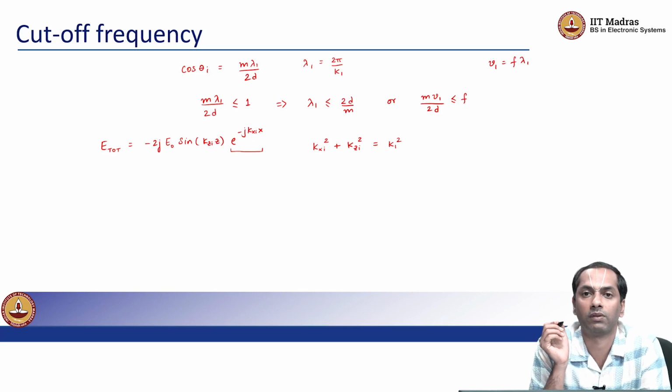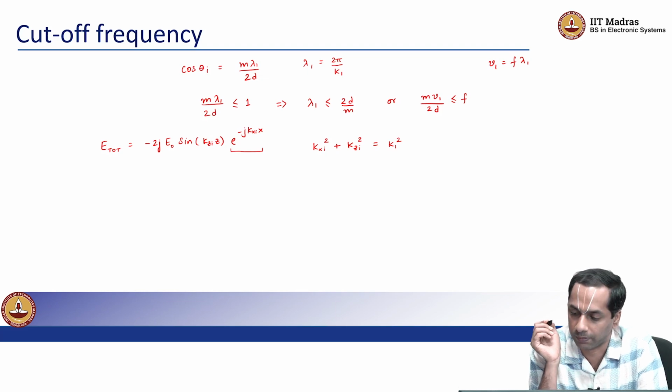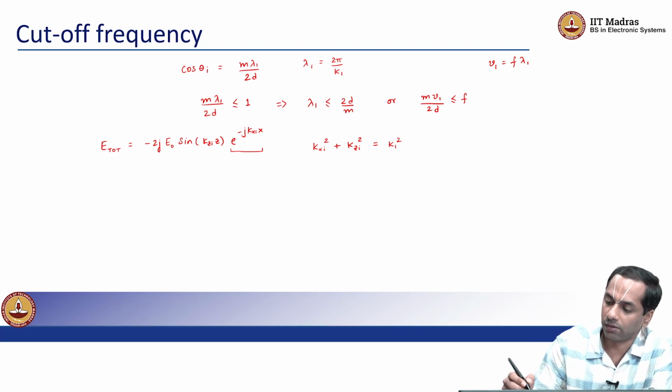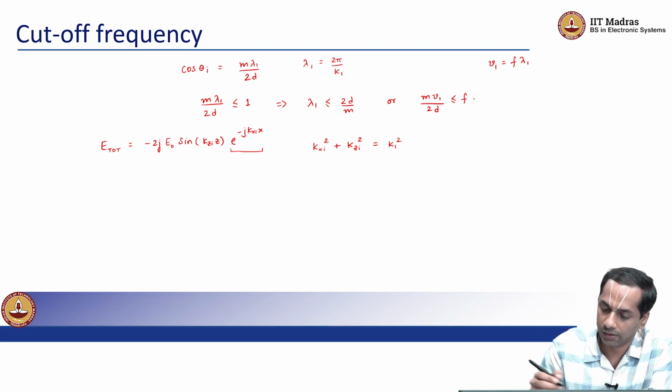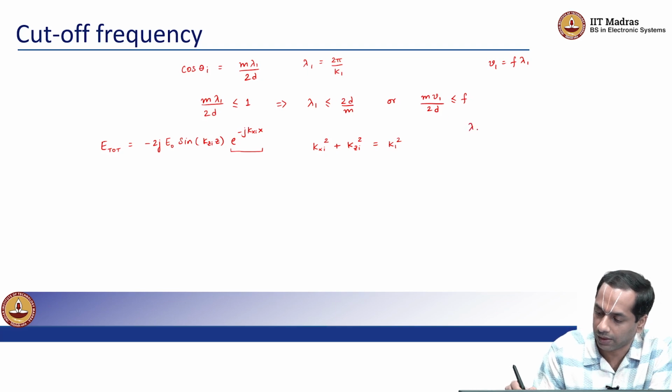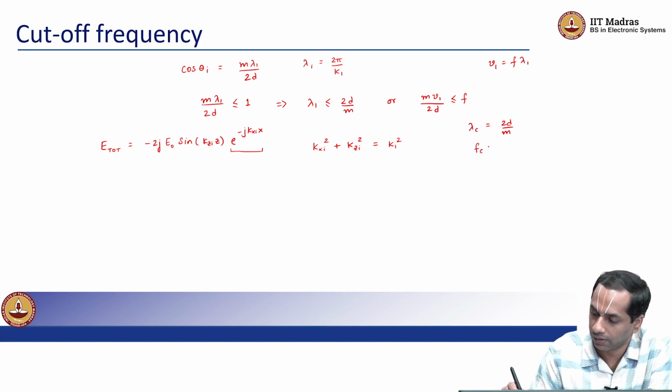Okay, it is the velocity of the electromagnetic field in the dielectric medium, as if it were a non-bounded medium, right. So we can call this, right, lambda c is equal to 2d by m, and fc is equal to mv1 by 2d.